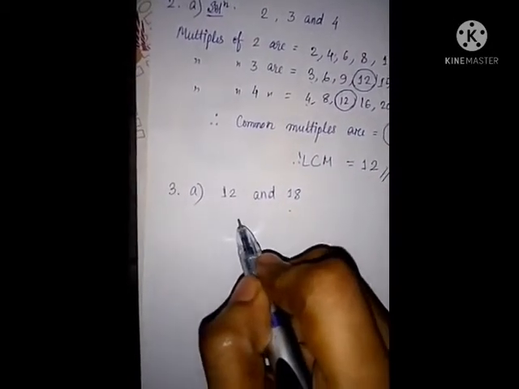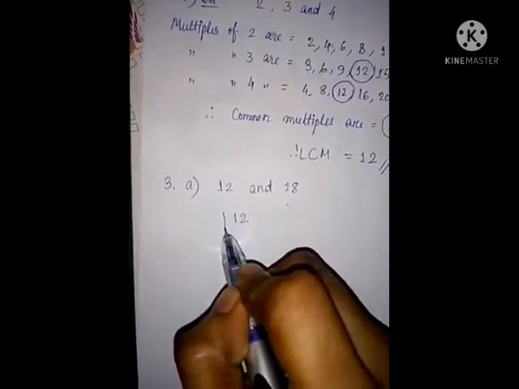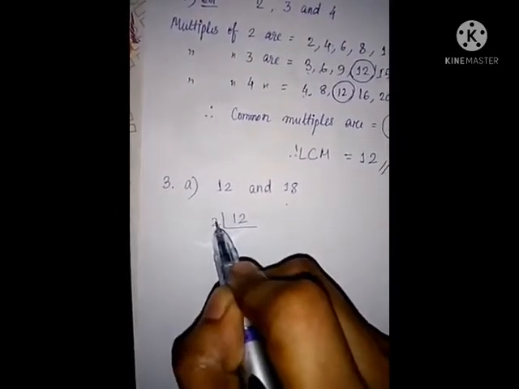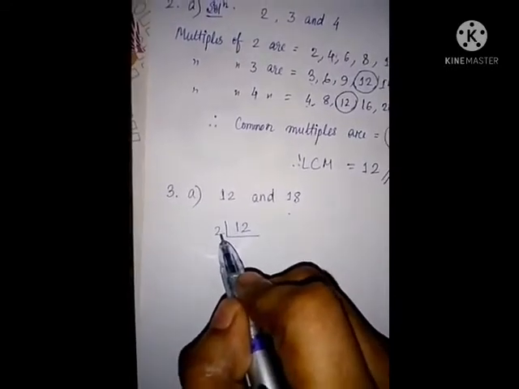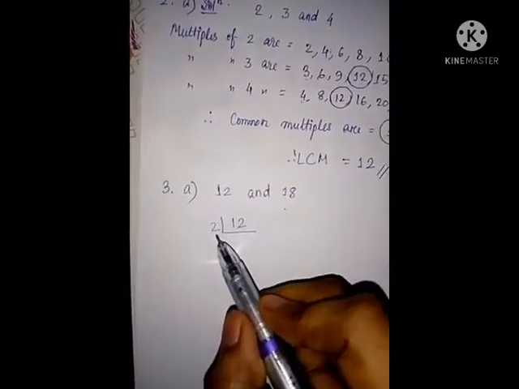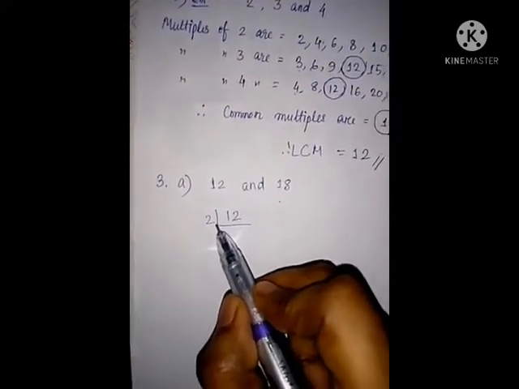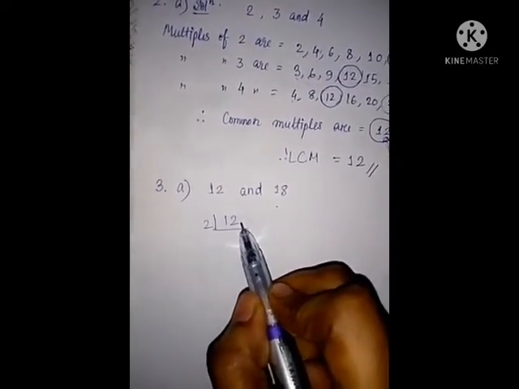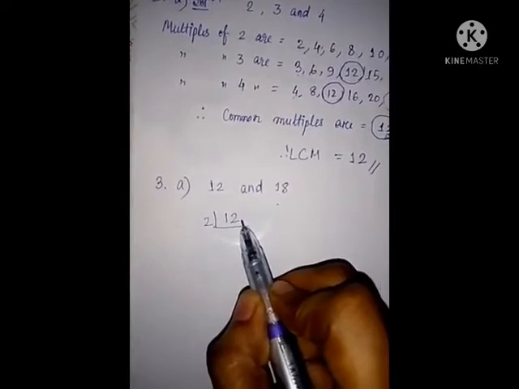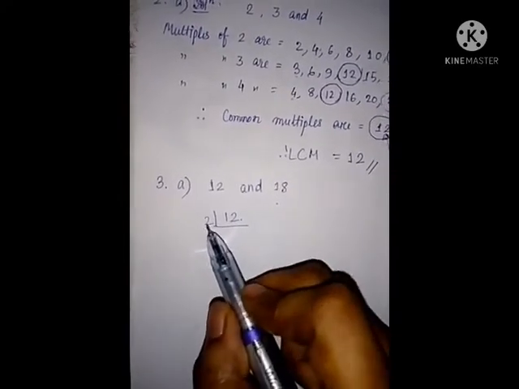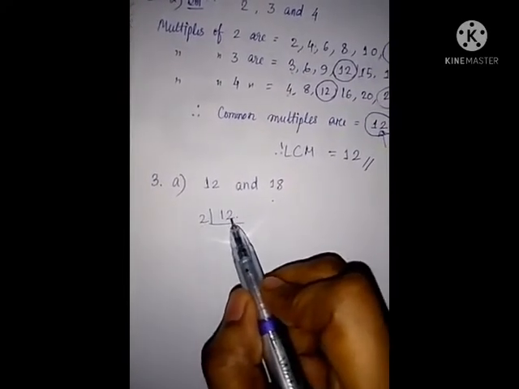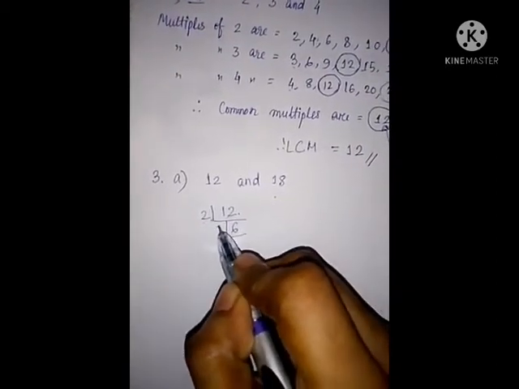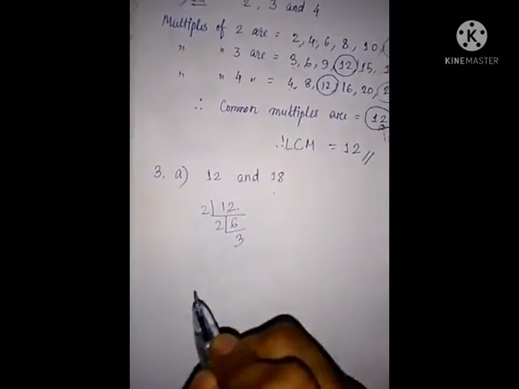See, we can use the division method. 12 is divisible by 2. 2 is a prime number. We try to start from the lowest prime number. Okay, so we check whether the given number will be divisible by the lowest prime number or not. 2. So 12 is divisible by 2. 2 6s are 12. 6 is also divisible by 2. 3.